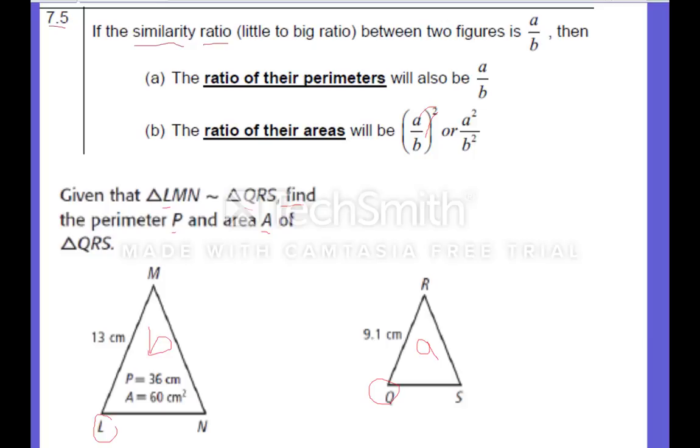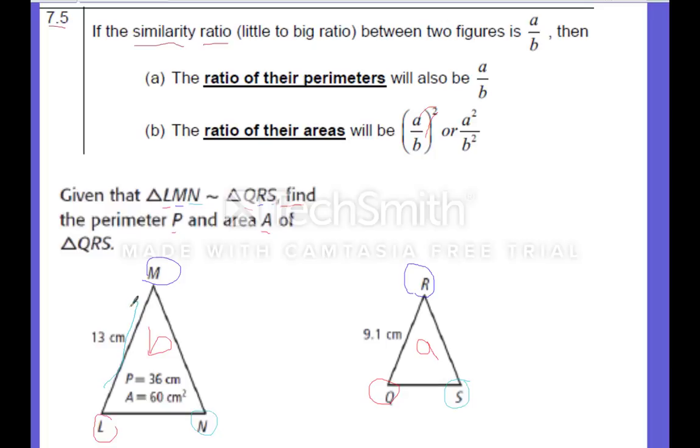And then M is similar to R, and N is similar to S. So this one is similar to this one, which means it'll flow in the same direction.